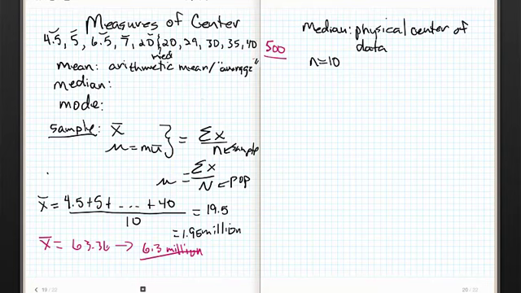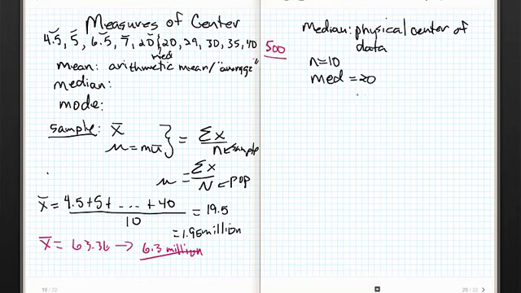Now, again, because I've got an even number, what I need to do is take the average of these two numbers, which is really easy to see that it's going to be 20. But again, I'll show you with a couple of different size data sets that sometimes there's a little bit more mathematics to it. So the median in this case is 20.